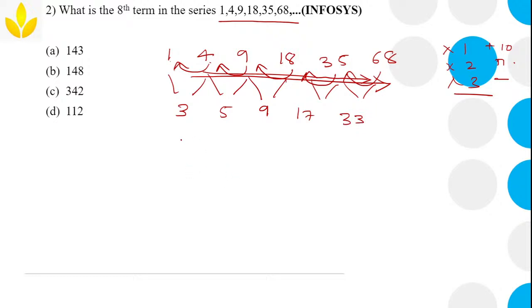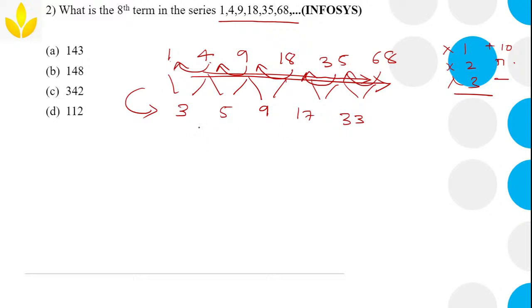Now we have the second series. If you cannot find any relation here, you can go for a second series this way and check whether there is any relation in it. Looking at this particular series, all of them are odd numbers, correct?